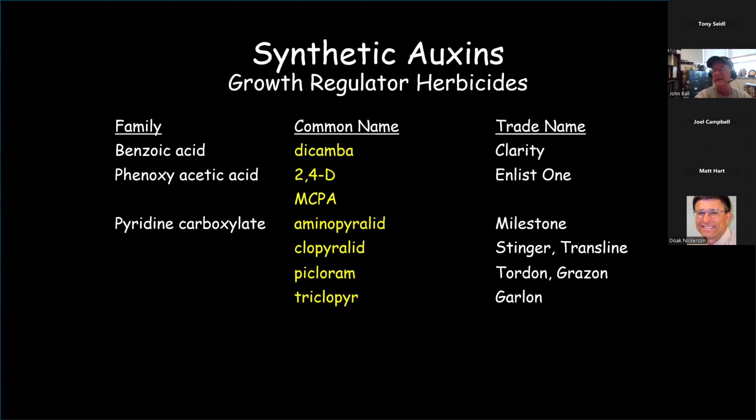And by naming any particular one, I'm not saying that is one that we see a lot. I just picked names that are fairly common for use. We've got Milestone, Stinger, Transline, Tordon, Grazon, Garlon, dicamba. You could have Banvel, Clarity, and a number of others. 2,4-D has lots of possible names.